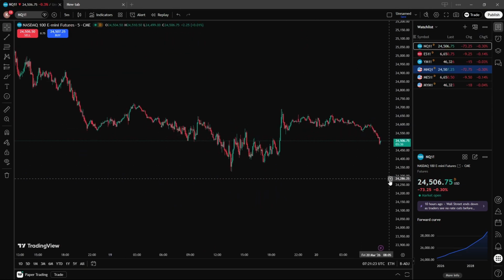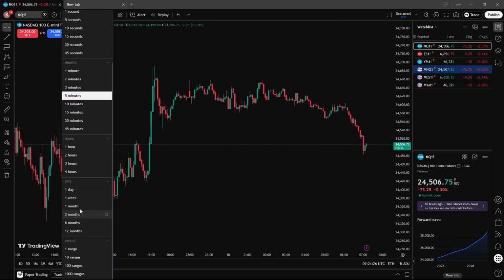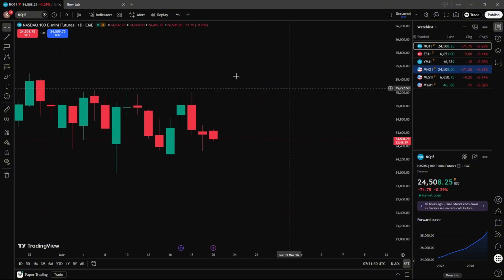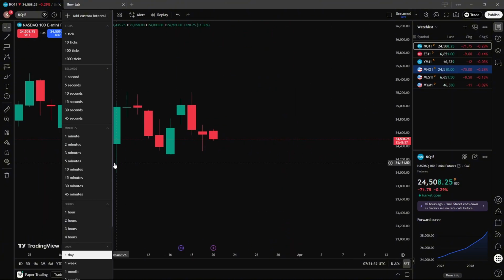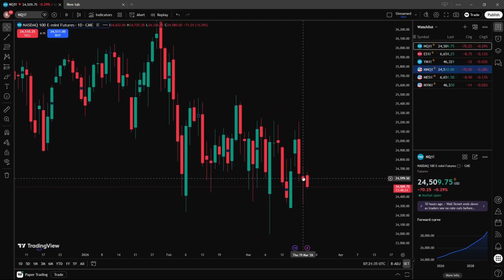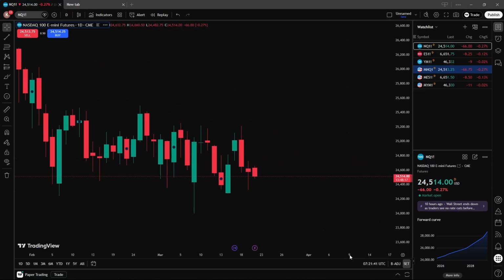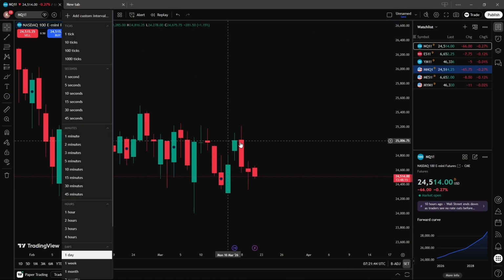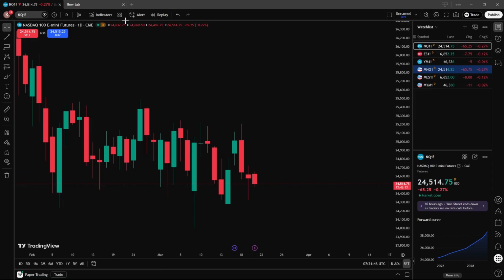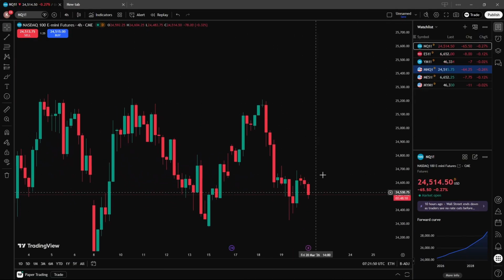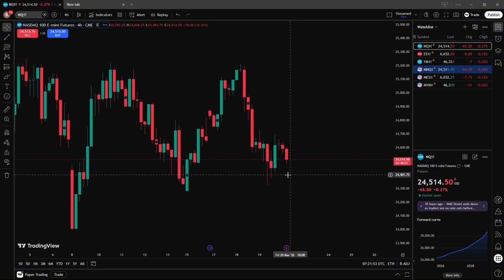Personally, the time frames I use the most are the weekly, the daily, and the hours, and then down to the minutes. It's kind of situational, but the more market experience you have, the more you know which time frames to look at. In summary, your high time frame is used to find your bias, your narrative, so whether you want to be trading long or short today.